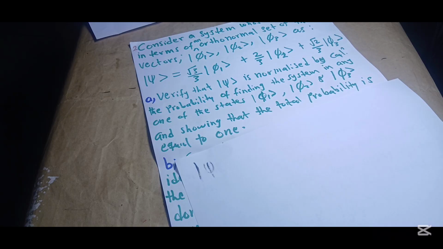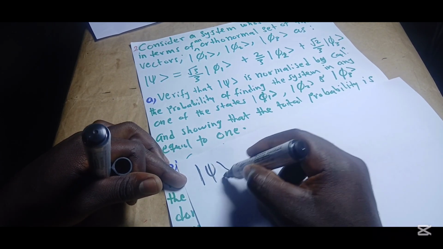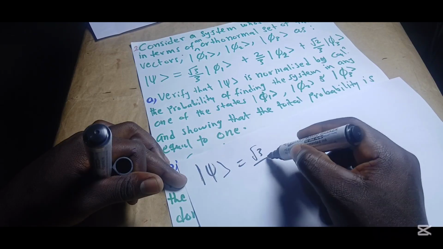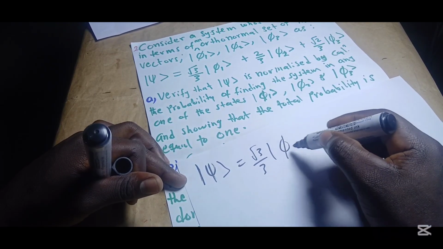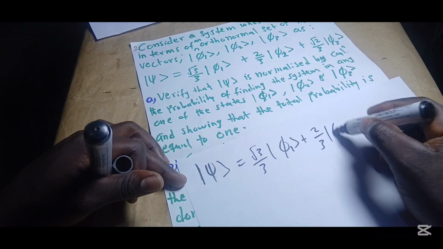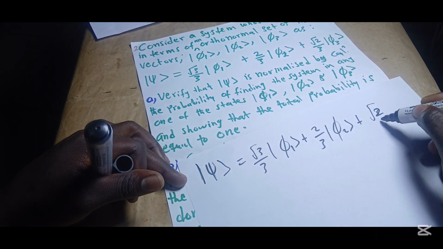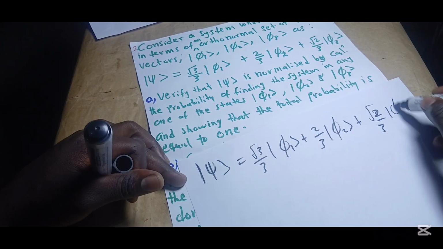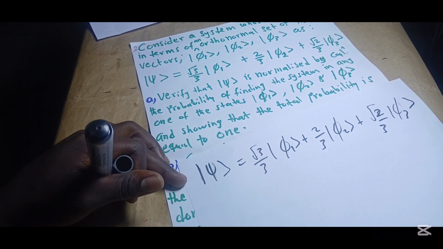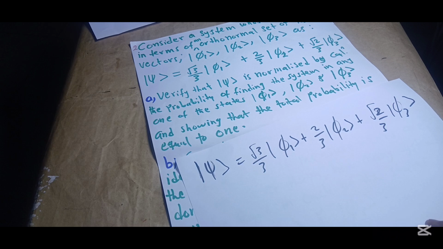Psi equal square root of 3 over 3 phi 1 plus 2 over 3 phi 2 plus square root of 2 over 3 phi 3. How do we verify that this state is normalized?